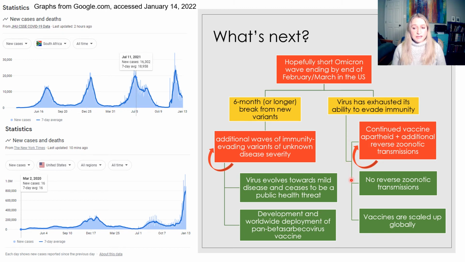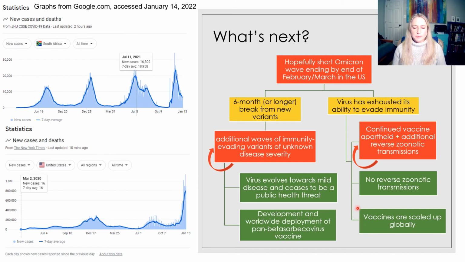On the other hand, if there are not reverse zoonotic transmissions, if I'm wrong about this, then Omicron could actually be the last wave. We could be done after that. And then another good outcome would be if vaccines are scaled up globally and people are protected. So even if there are more reverse zoonotic transmissions, people are protected using the vaccines, and we're not going to see any really bad outcomes from subsequent introductions of the virus back into the human population.